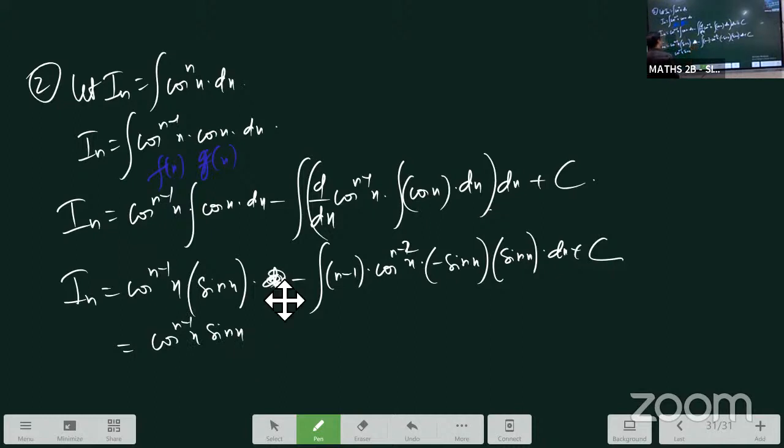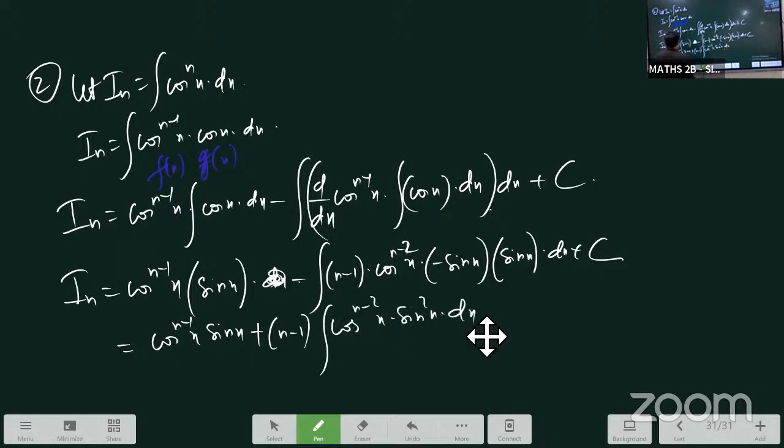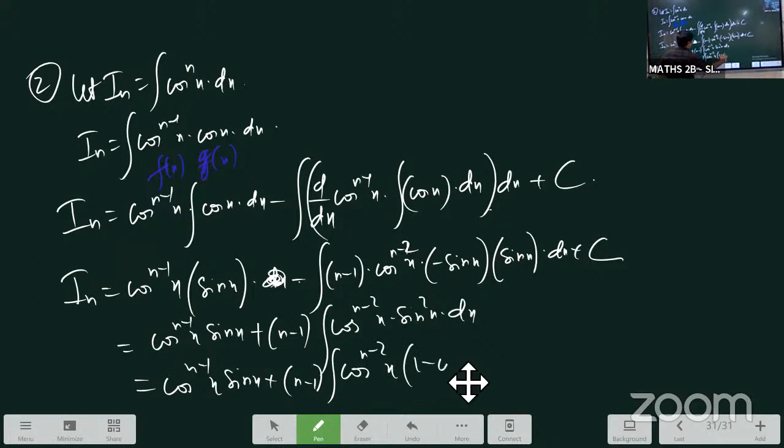Already I did integration. Minus this minus and this minus is plus, right? n minus 1 outside, cos to the power n minus 2 x into sin square x dx. Now that is nothing but cos to the power n minus 1 x sin x plus n minus 1 integration of cos to the power n minus 2 x. You write this as 1 minus cos square x dx. Is it clear?